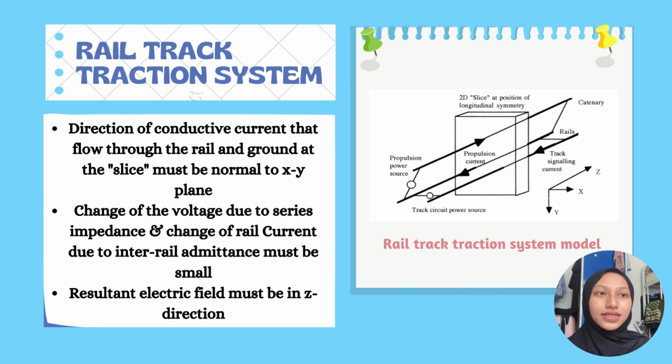So this implies that the direction of conductive current that flows through the rail and ground at the slice in the figure must be normal to the XY plane. That is the first. Second, change of the voltage due to series impedance, and third, change of rail current due to inter-rail admittance.